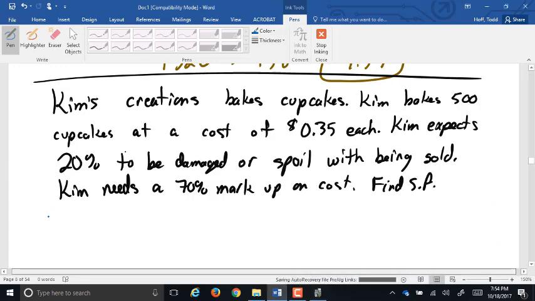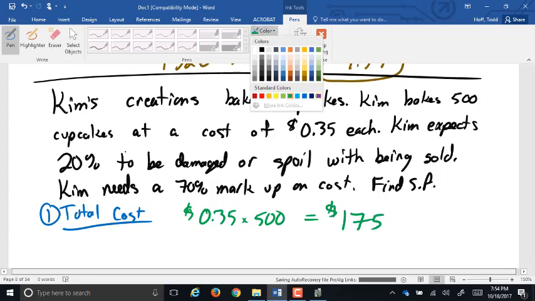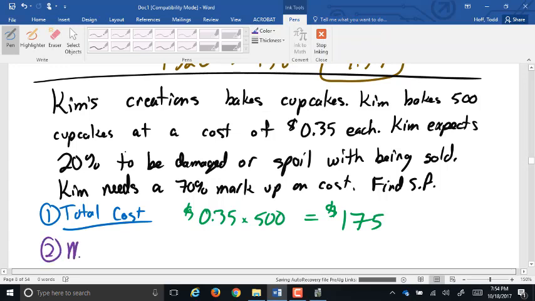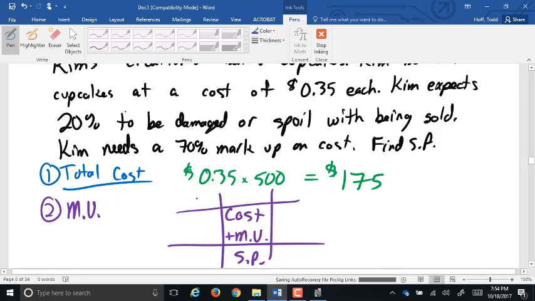So we start out, total cost. How do we find it? 35 cents times 500. What's that? $175. Perfect. We mark it up. Cost plus markup equals selling price. I'm not going to write the words total in there, but you guys understand this is total cost and total markup.